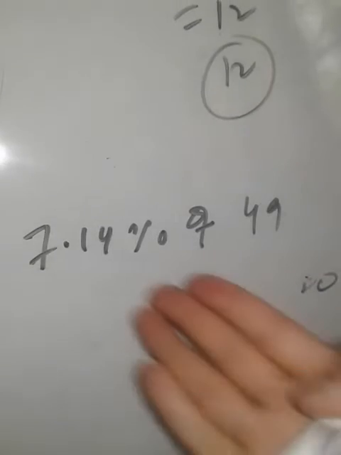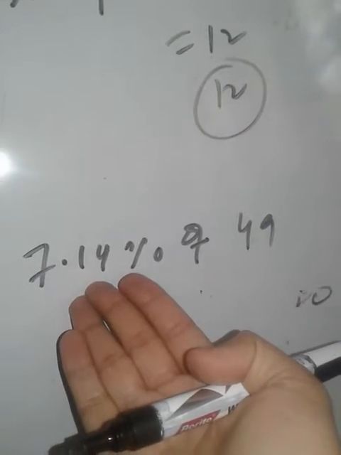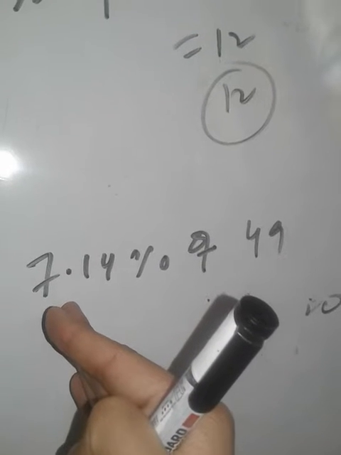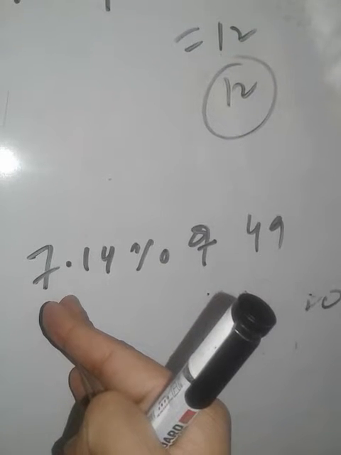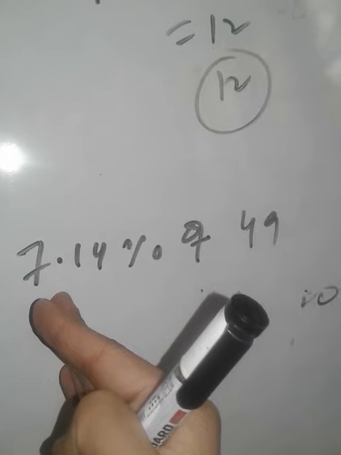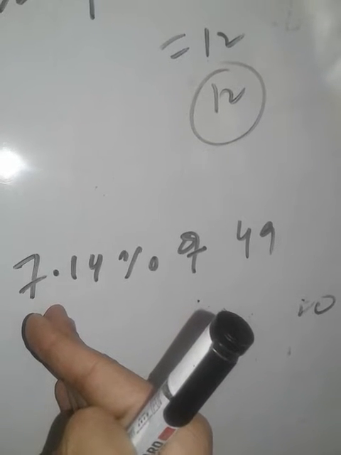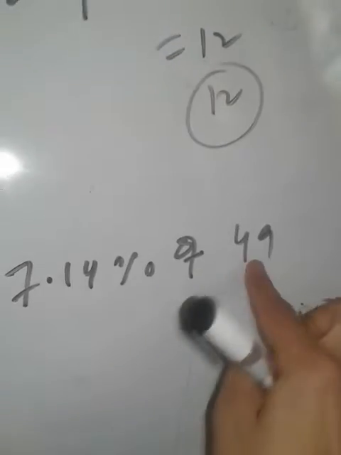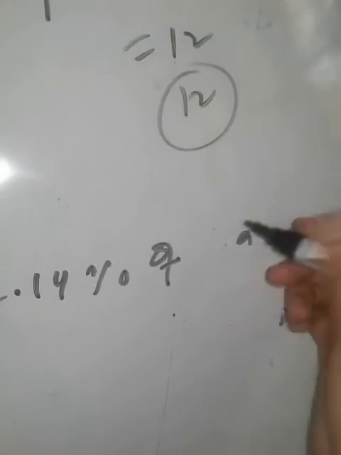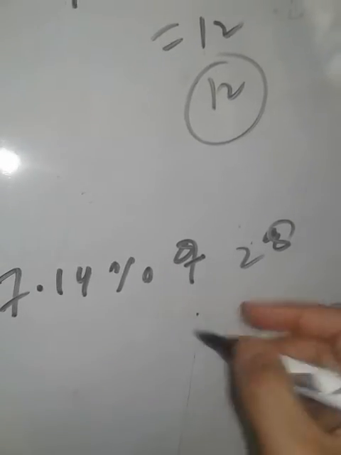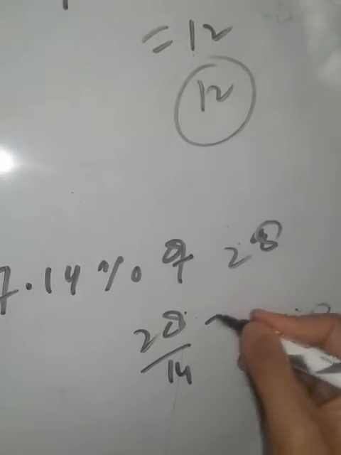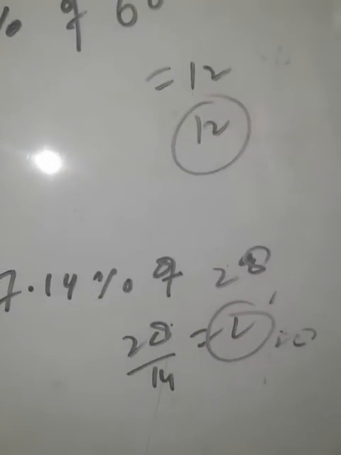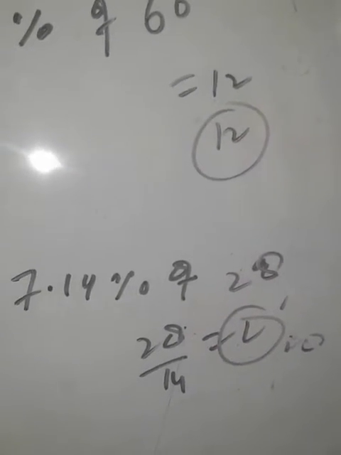How can you calculate this? 7.14% represents 1 by, I'm sorry, I just forgot it. Yes, 1 by 14. So you can easily, suppose here it is 28, so it is 1 by 14, 28 divided by 14, it is 2. So you can easily calculate any value by using this percentage table.